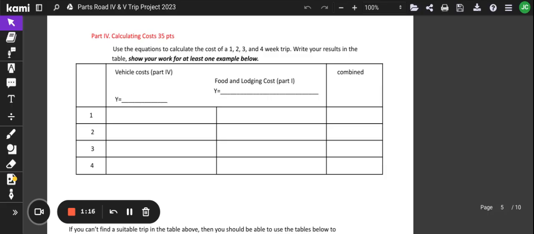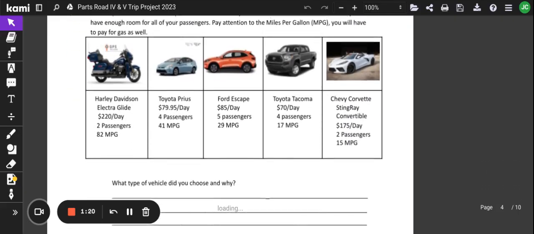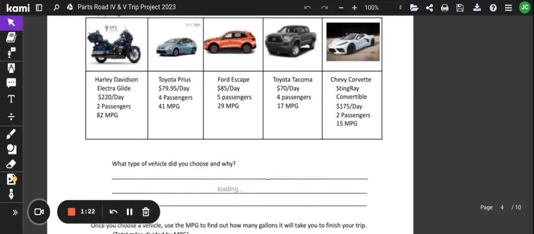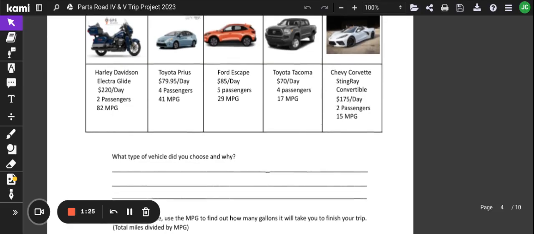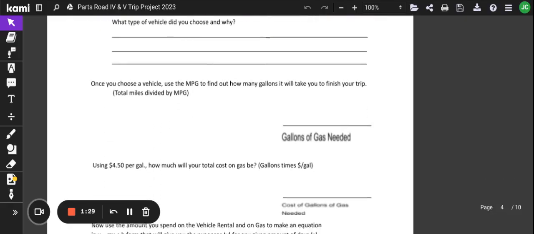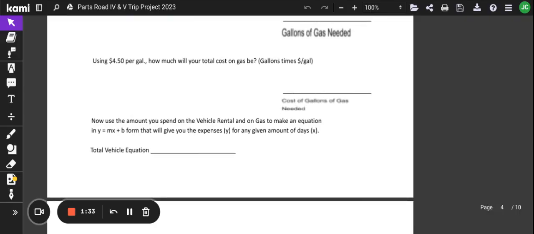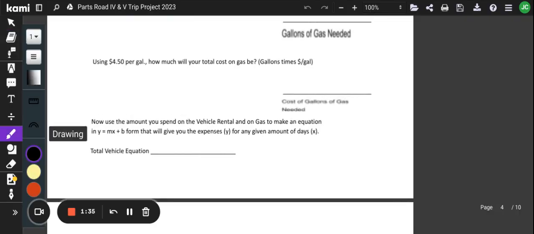So let's say my vehicle cost is, let's say I'm going to use the Prius was what I picked before, right? Oh, I know the problem here.